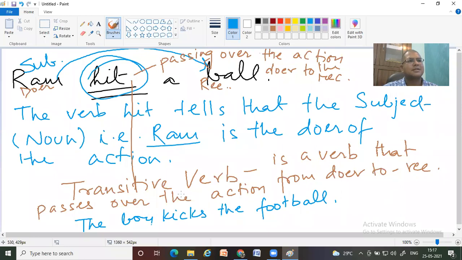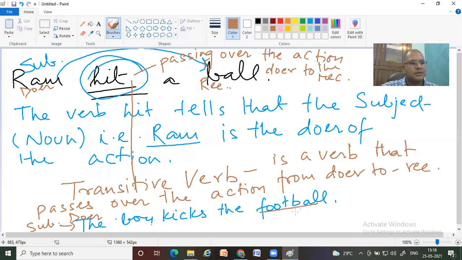The boy kicks the football. Again, you can see that the boy is kicking the football. So the boy is the subject and doer.